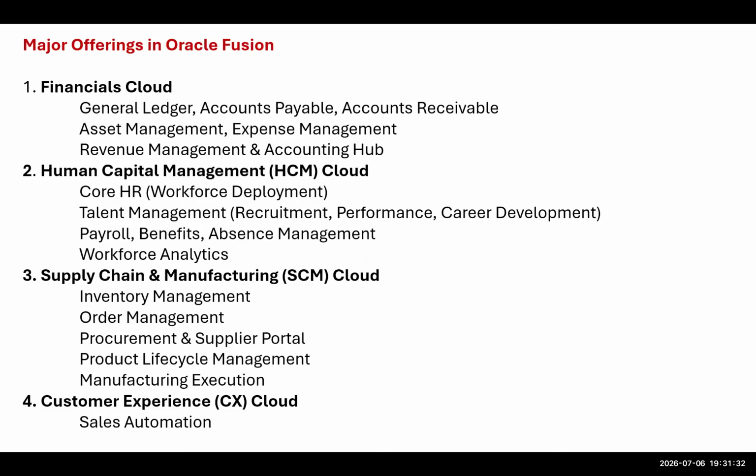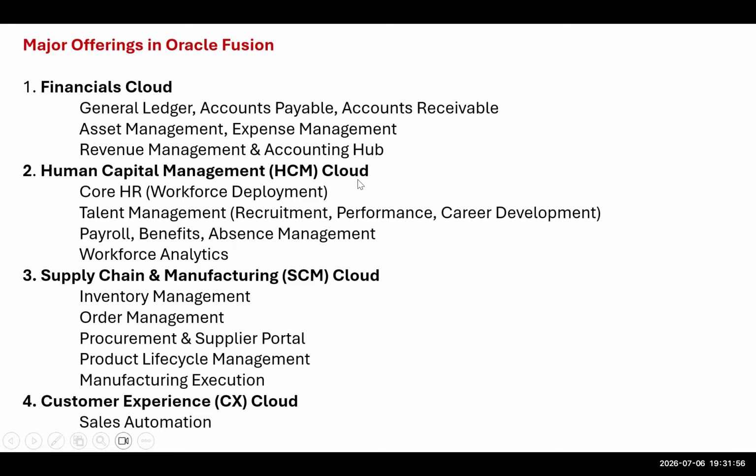Then we can purchase those offerings from Oracle. For example, if they want financial data, we can offer the financials. Under financials, what kind of modules do they require? General Ledger, Account Payables, Account Receivables, Asset Management. Whatever modules they require, we can purchase from Oracle Corporation.